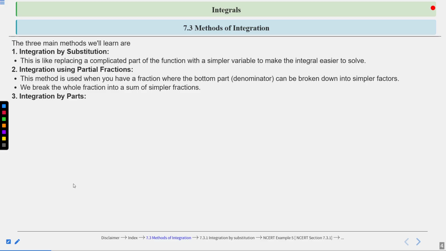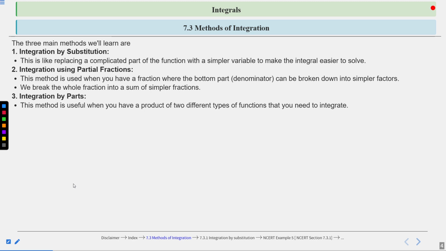Okay, so now integration by parts. This method is useful when you have a product of two different types of functions that you need to integrate, right?